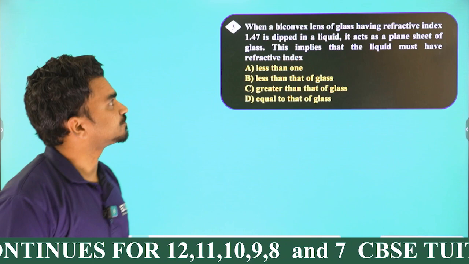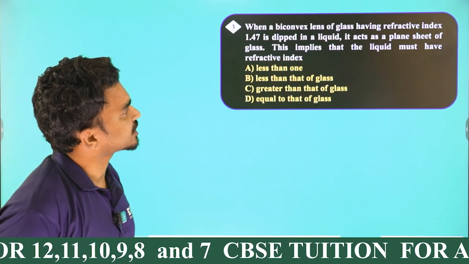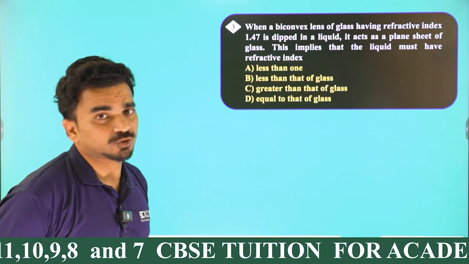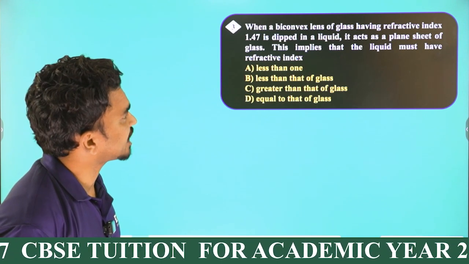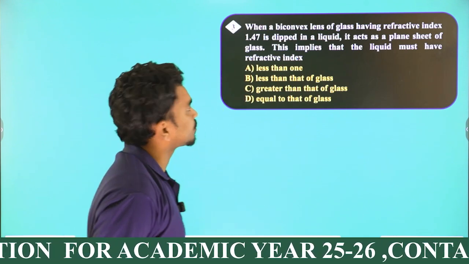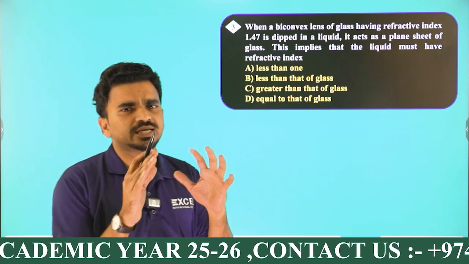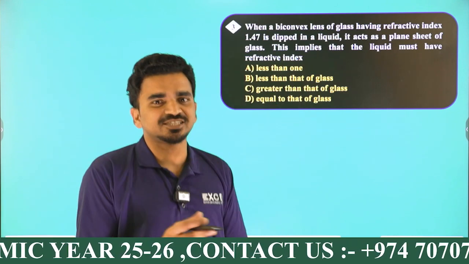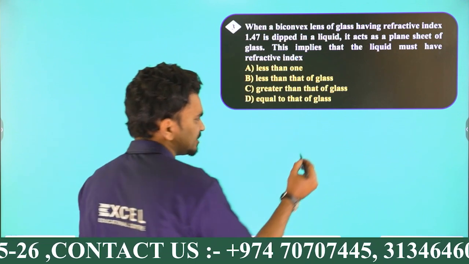Listen to this question. Can you read this question? A biconvex lens. Two sides are convex. That's why it's called a biconvex lens, of glass having refractive index 1.47. Okay, agreed, no issue. It acts as a lens, and we want to make it into a plane sheet. What is a plane sheet?